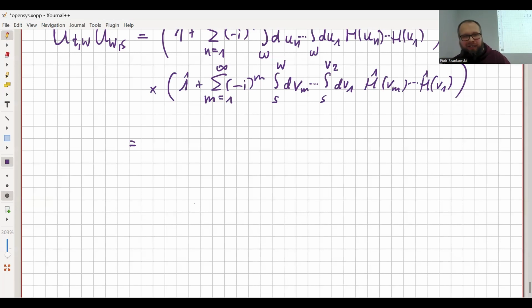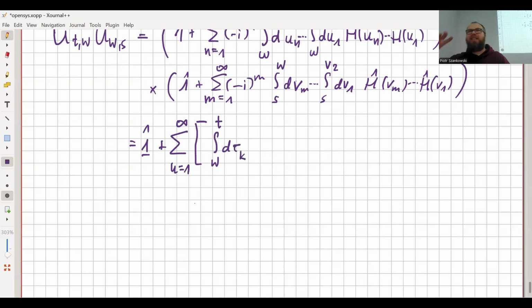And the way I wrote it here, I hope it will be kind of self-explanatory. So there will be a floating term, let's call it integral from w to t, d tau_k.